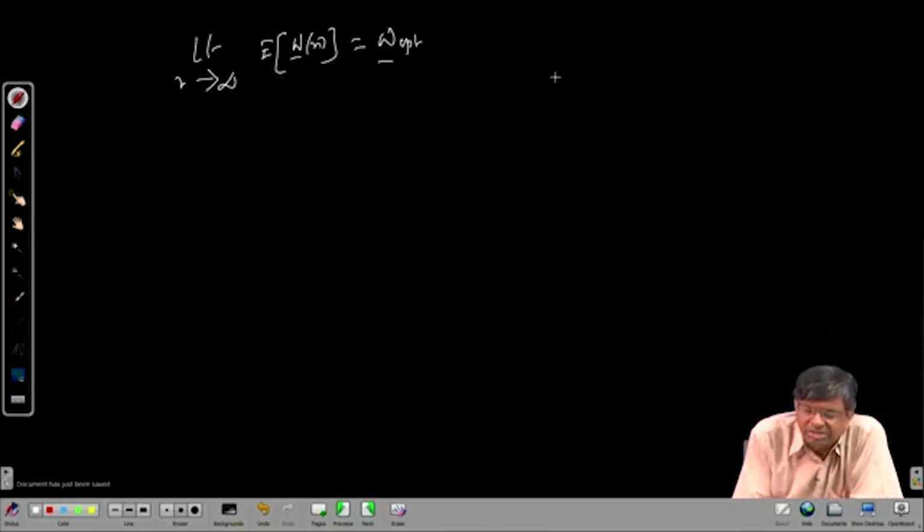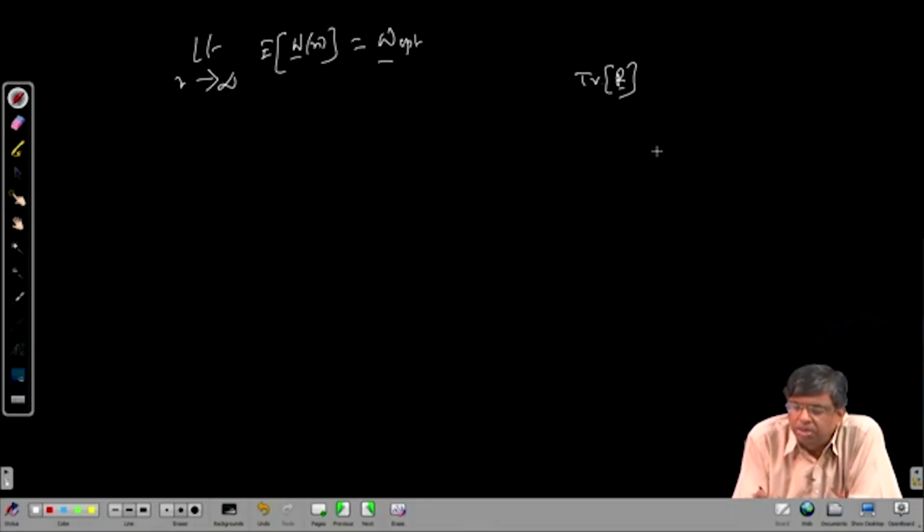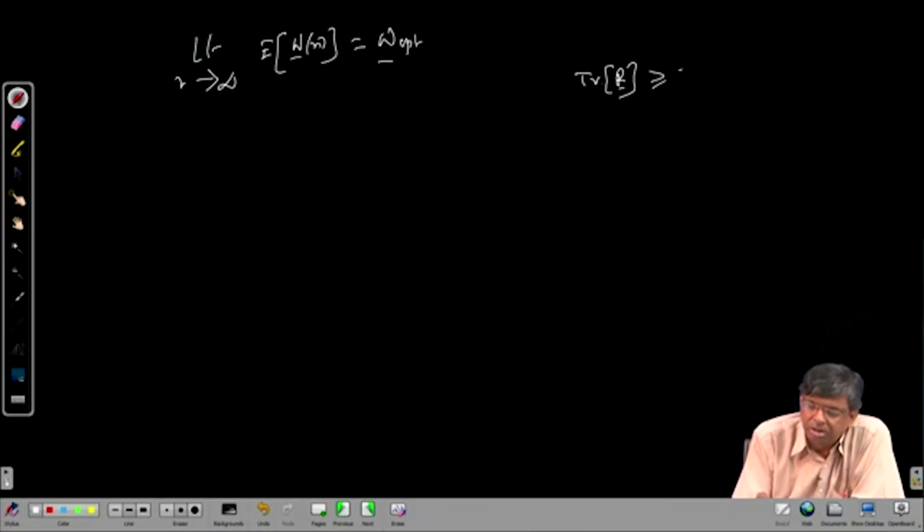One more thing: we know trace is the sum of diagonal elements. We also know, if I give you R, which is a positive definite matrix, trace of R is the summation of all the eigenvalues. So trace of R should be greater than or equal to lambda max, because trace of R means lambda max plus the summation of other eigenvalues.